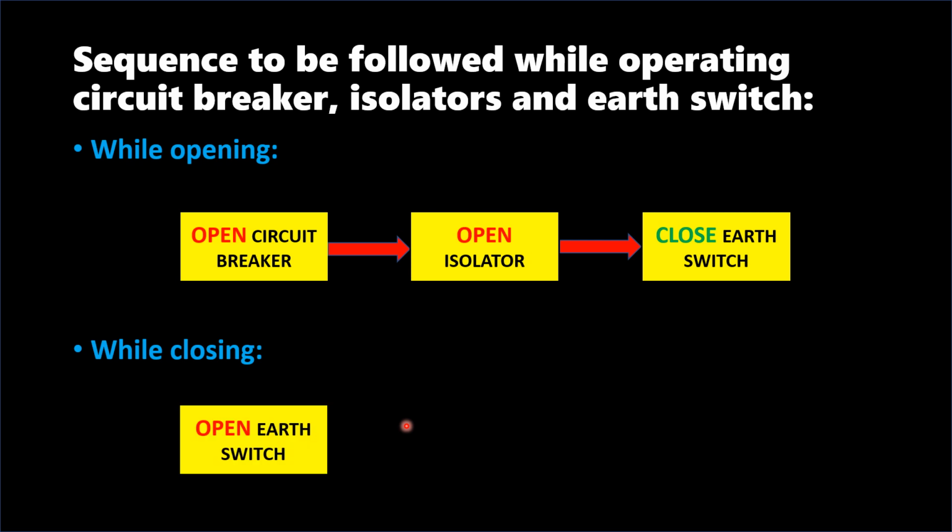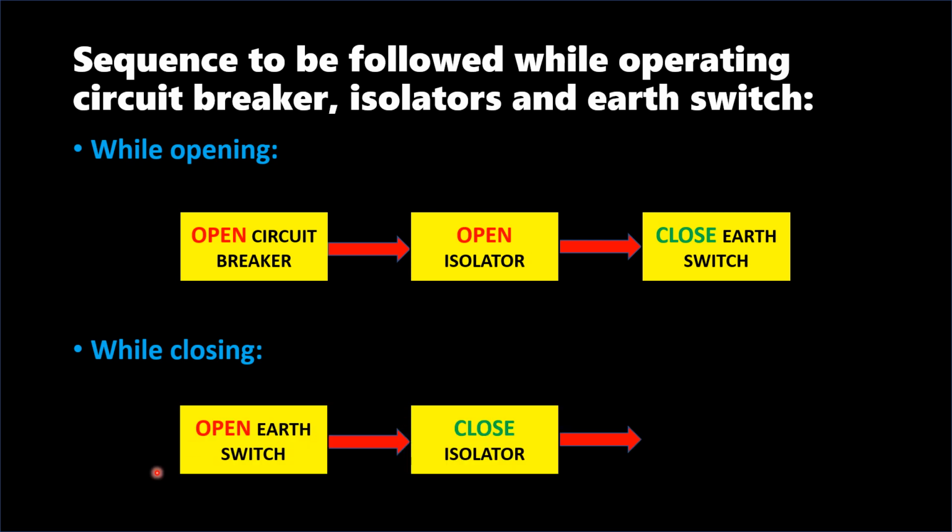While closing, you need to open the earth switch first, then close the isolator. Again the same thing, the isolator we are operating on no load condition, and afterward you have to close the circuit breaker. So the sequence while closing is: first open the earth switch, then close the isolator, and lastly close the circuit breaker.